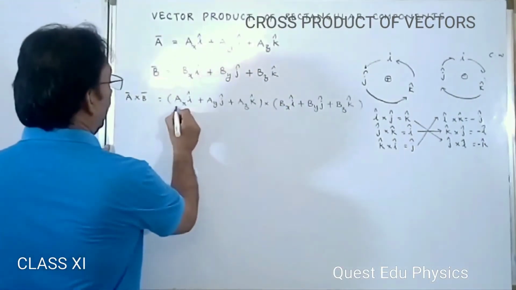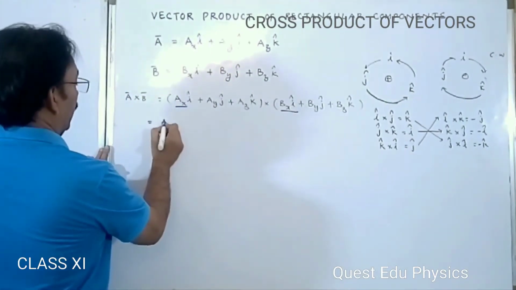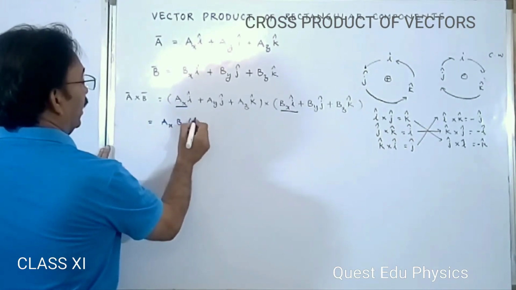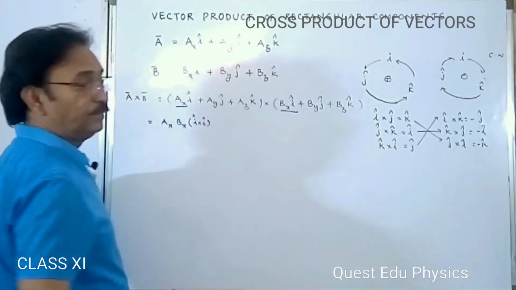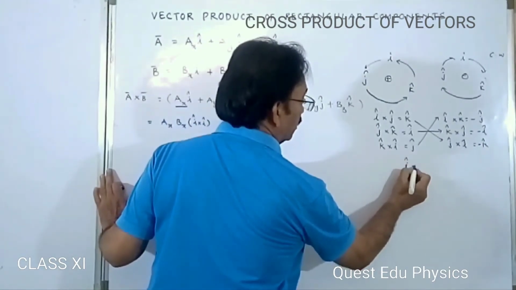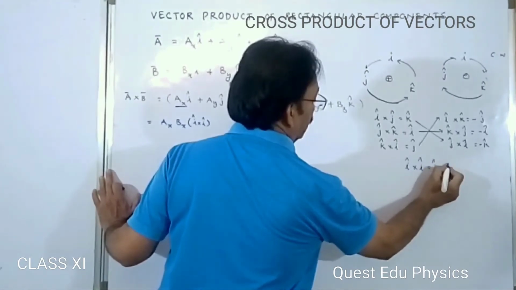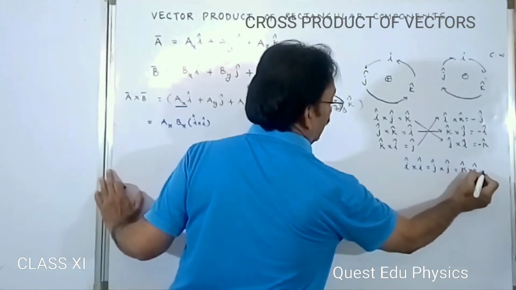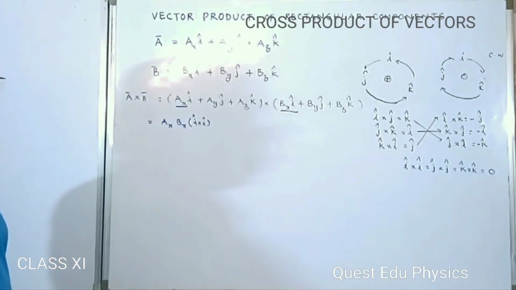Now we are multiplying these vectors. I am writing it as ax bx multiplied with i cap cross i cap, and you have learned that i cap cross i cap is equal to j cap cross j cap, the magnitudes we are taking, is equal to 0, since the angle between the two is equal to 0.